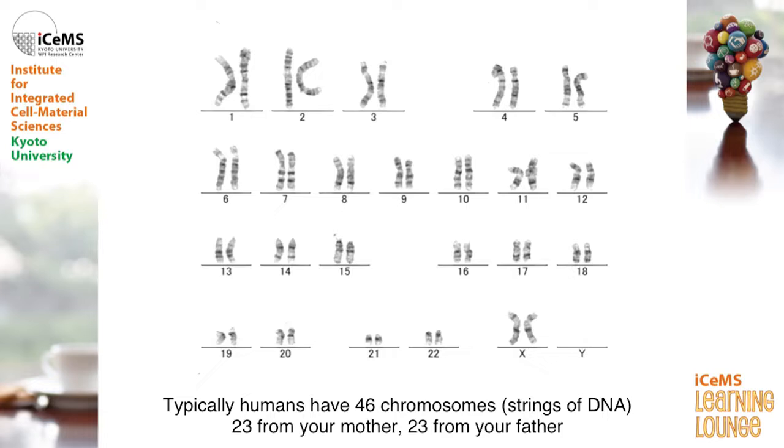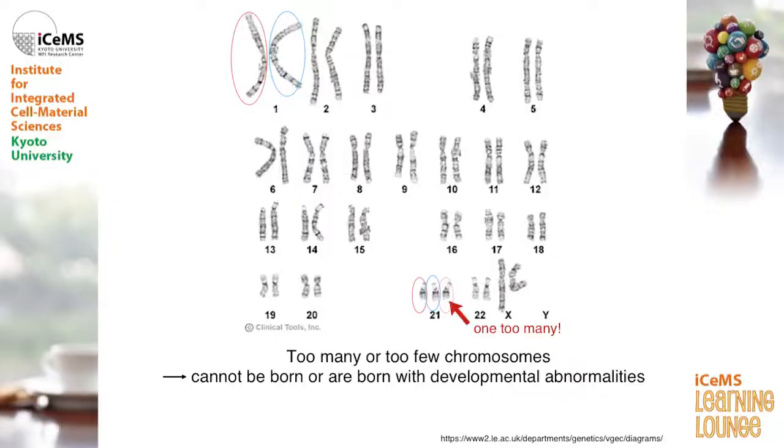So we typically have 46 chromosomes in one cell, and we inherit 23 from our mother through her egg, and the other 23 come from our father through his sperm. And I'd like to emphasize that having exactly 46 chromosomes is critical to our health.